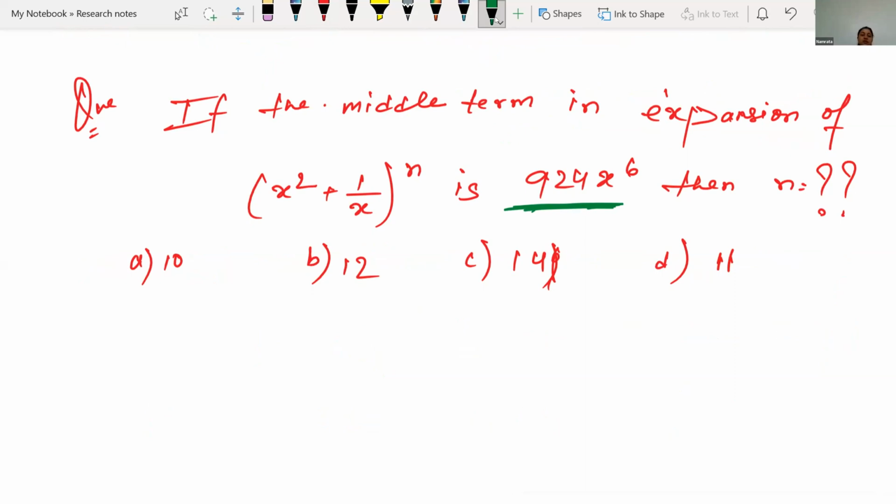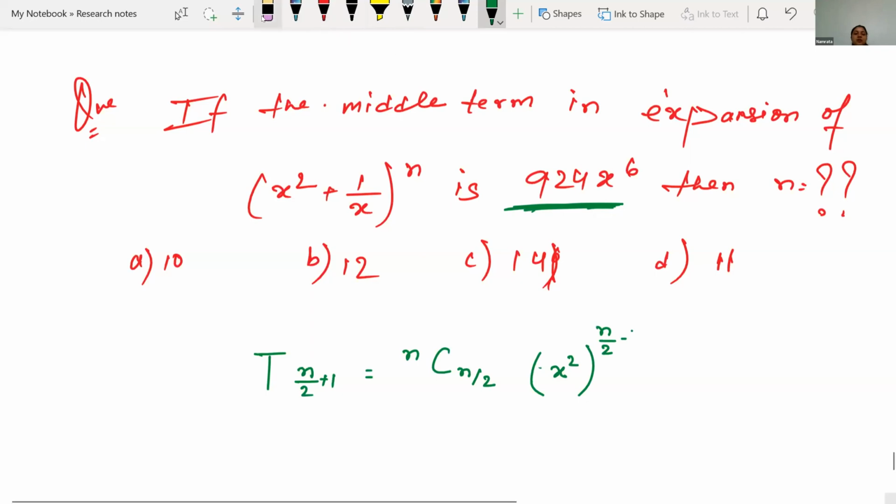So n by 2 plus 1th term is the middle term, and that will be n c n by 2, and cr, x to the power, our x is x square to the power n by 2 minus n by 2.